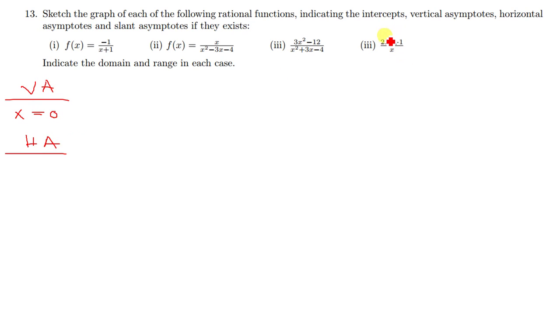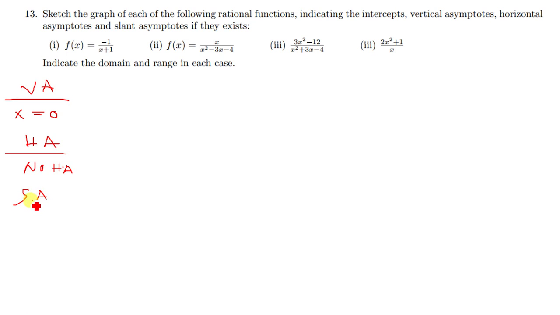If the power of the numerator is greater than the power of the denominator, meaning we do not have the horizontal asymptote, hence we test for the slant asymptote.